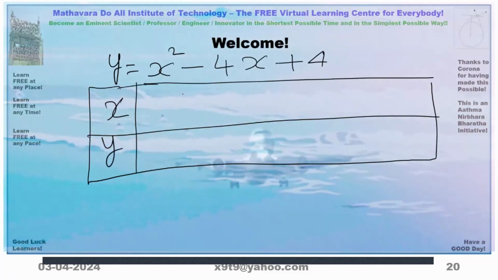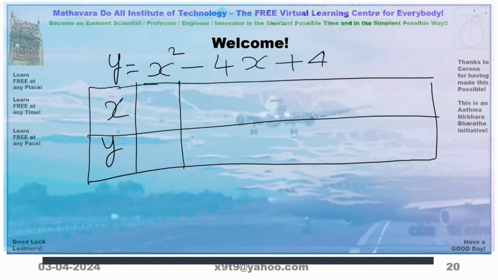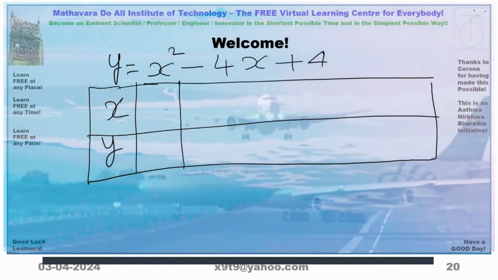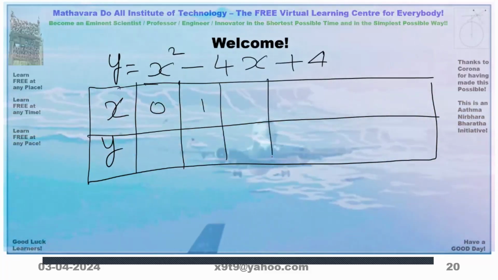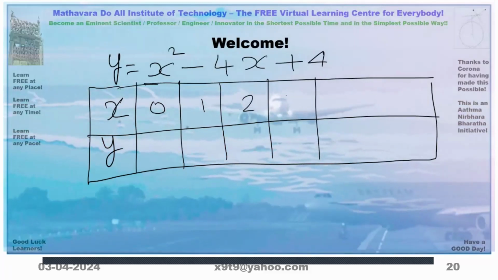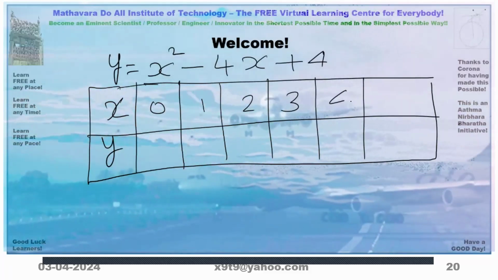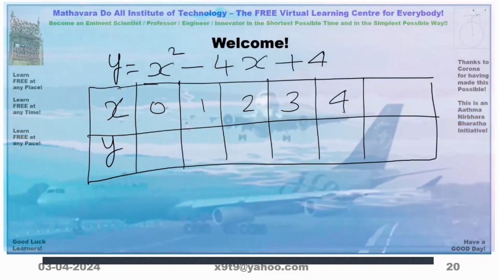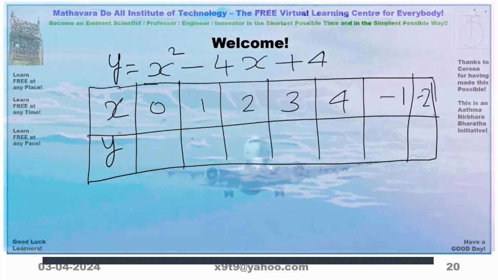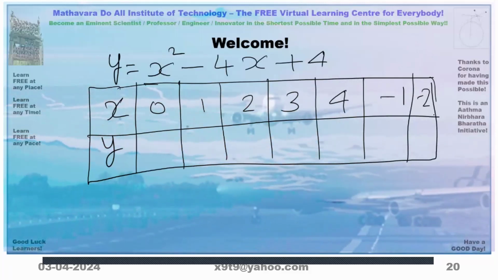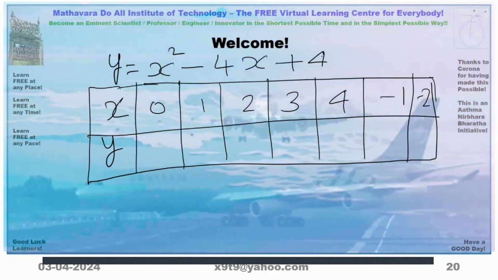X value, y value. We'll give different things. Maybe something like I will put 0, 1, 2, 3, 4. Then later on, if you want, we can add minus 1, minus 2 also. Yeah. So x is 0 means this will be 0, this is 0, we get 4.